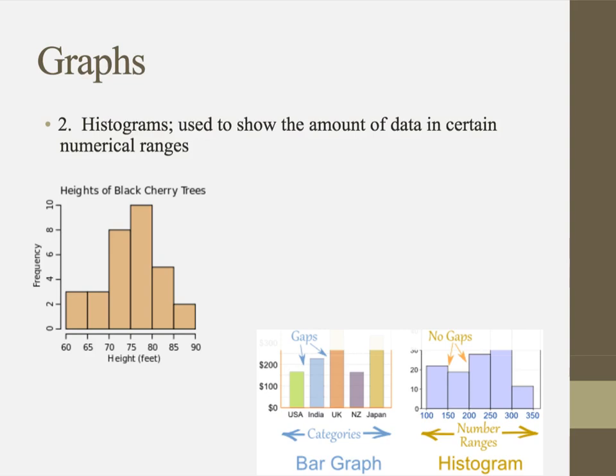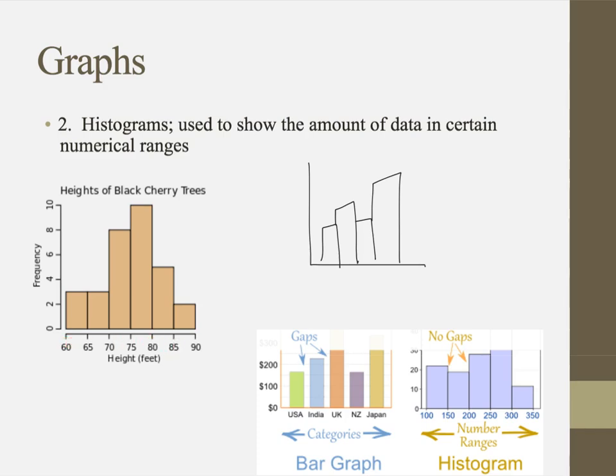If I needed to show the frequency of data that appears in certain value ranges, then I would use a histogram. Histograms look more like this. First of all, the bars are connected together, because each bar is for a range of continuous data.